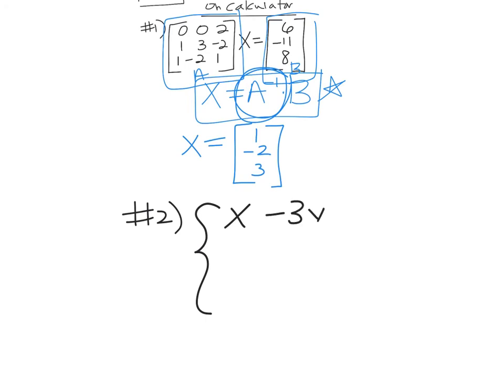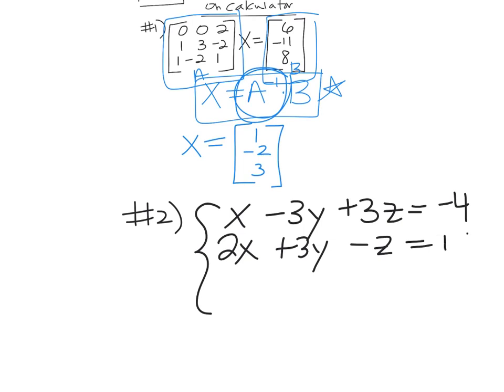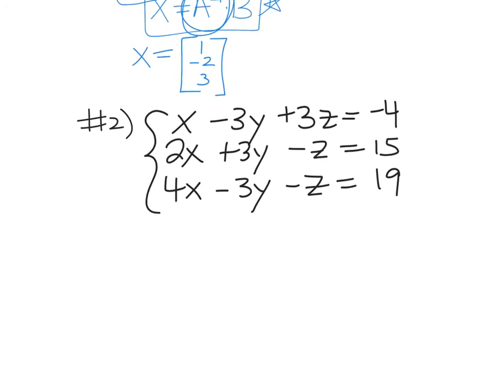So x minus 3y plus 3z, this is my last problem, equals negative 4. 2x plus 3y minus z equals 15. And 4x minus 3y minus z equals 19. Now, this was a last semester problem, and we have to solve, and we're looking for the point x, y, z. It's a 3-dimensional point, and this is a hard problem. But what we're going to do is do this on our calculator, okay?